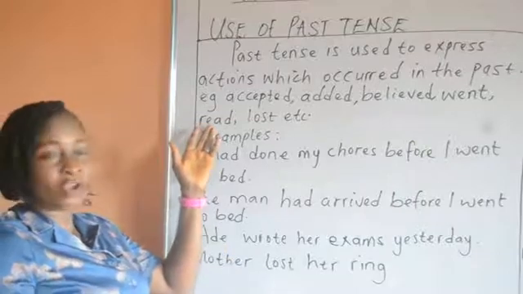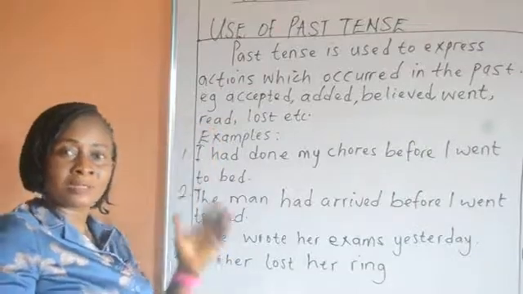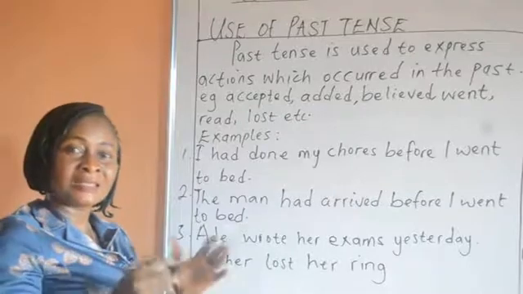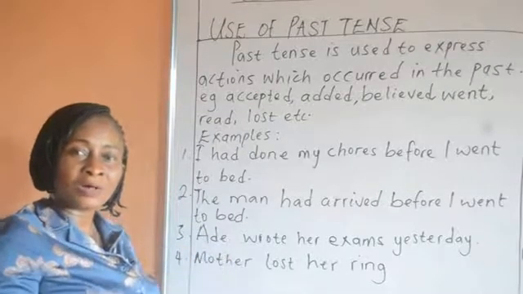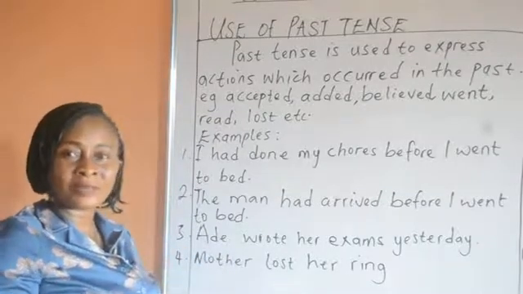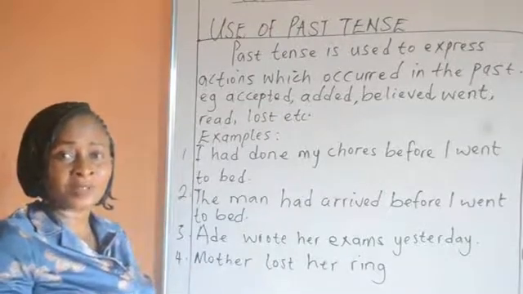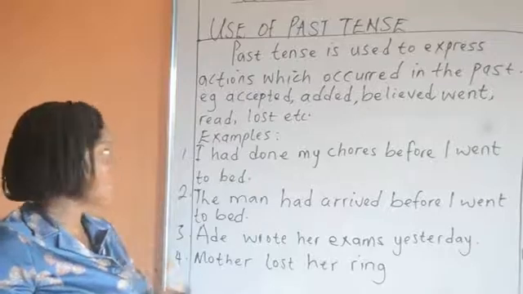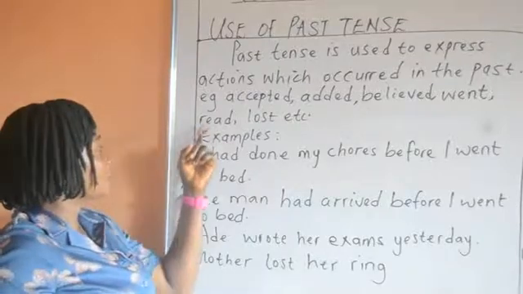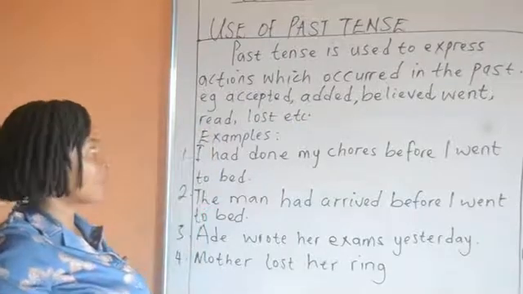The spelling of the word read is the same as the word read. One is the present tense and the other is the past tense, but they are both spelled the same way. Please take note of that. So the past tense of read is read.